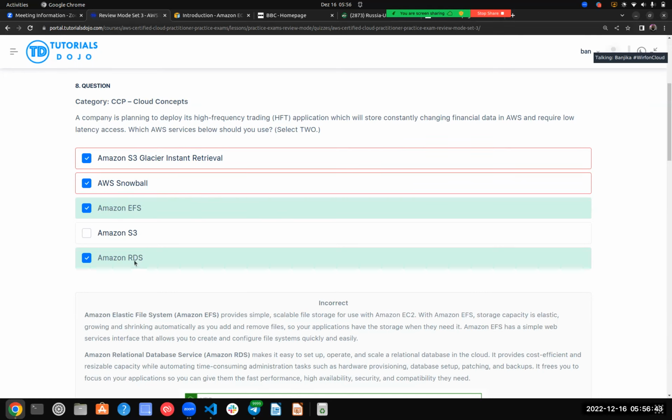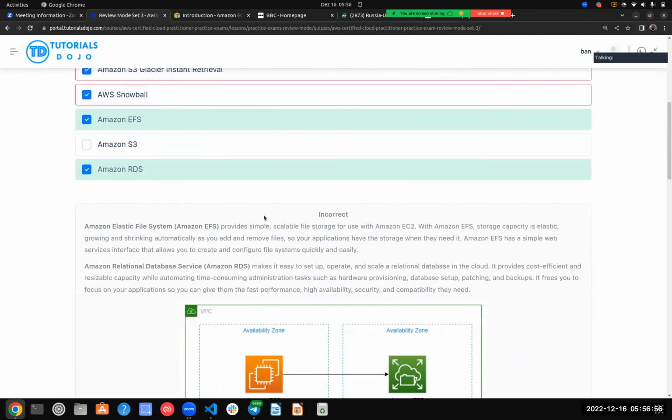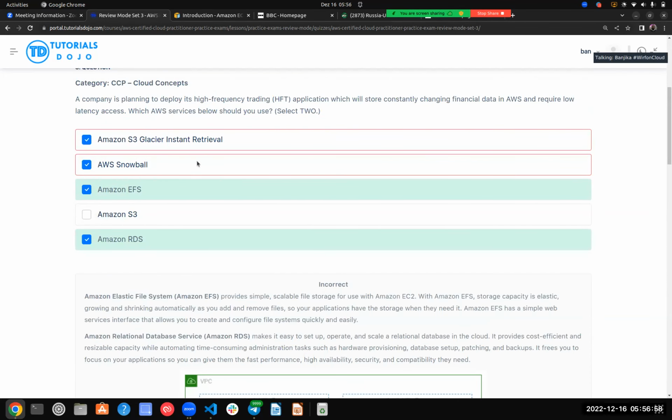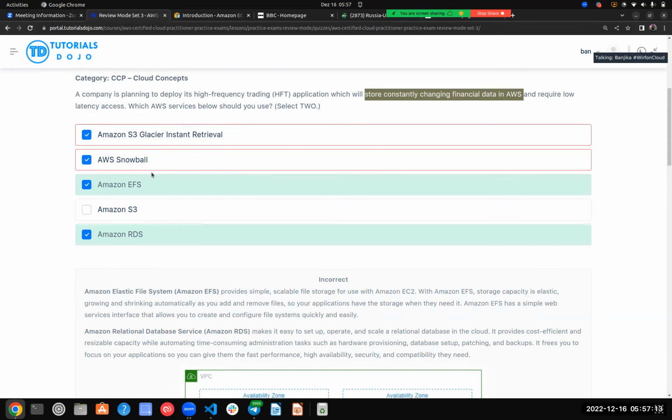Normally RDS is a database. You can store constantly changing data on it. EFS is file storage. You can still store data on it as well. So I think that is the key thing. The key point here, as I was pointing out, was constantly changing data and then trying to eliminate the obvious wrong answers.